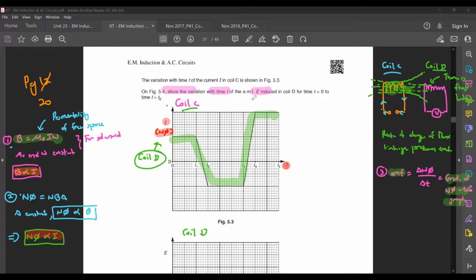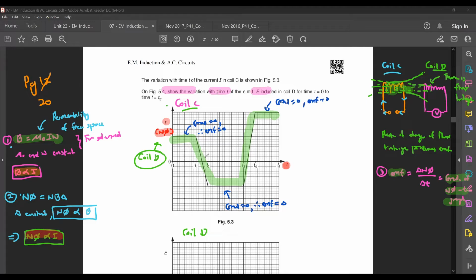So there are a few things that you can then do. The first one here, you can see that the gradient is 0, therefore EMF is 0. This one here, gradient is 0, therefore EMF is also 0. And the same goes with this one, gradient equals 0, EMF equals 0.